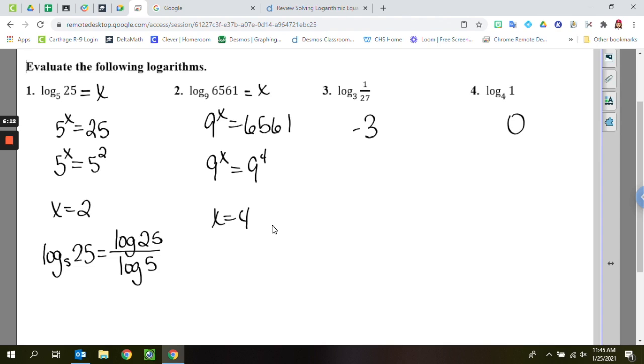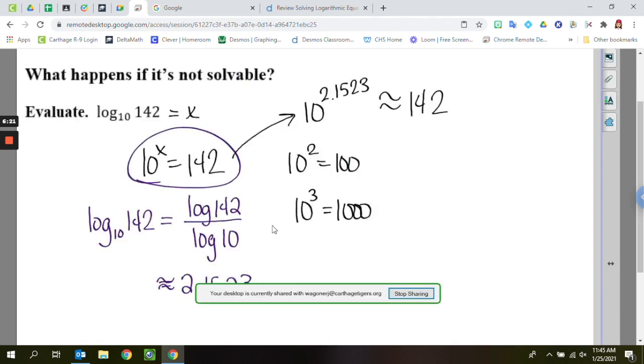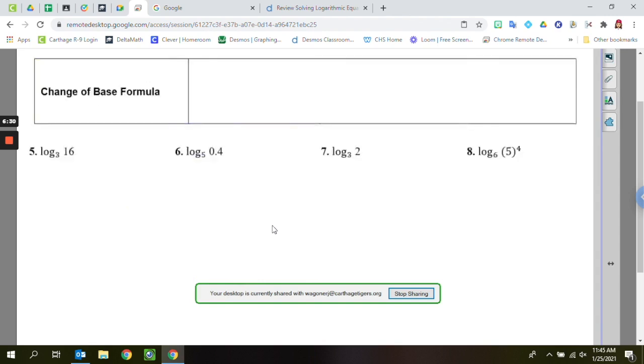So regardless of whether it can be solved using exponential equations or not possible because there's no way to get the bases the same, change of base will work no matter what. So let's take a look at these.